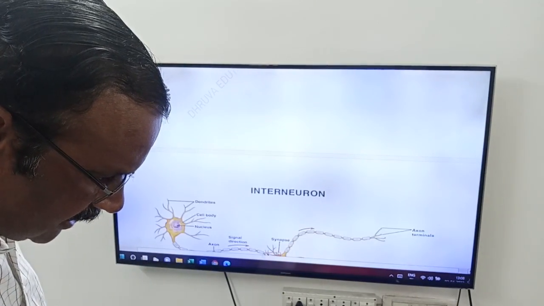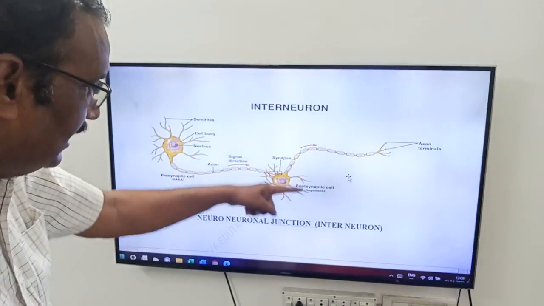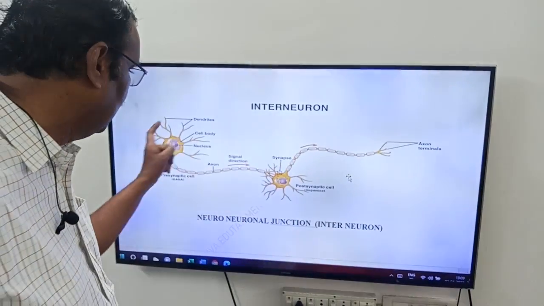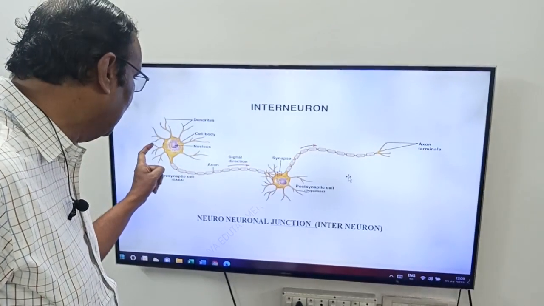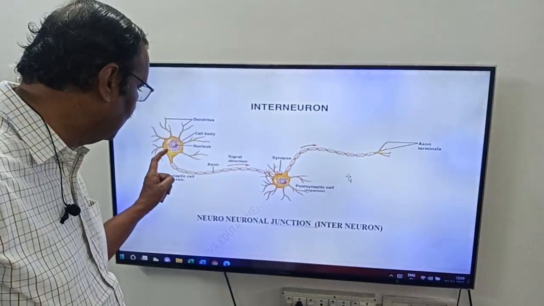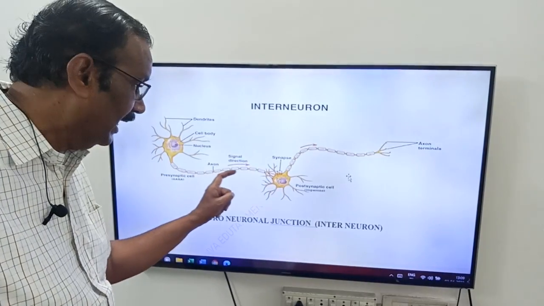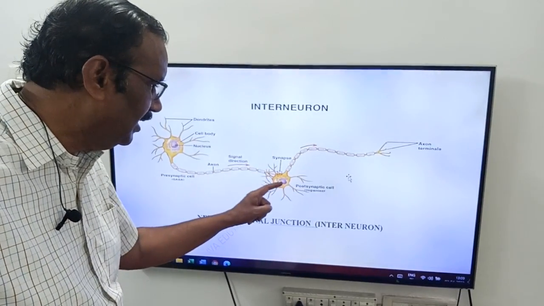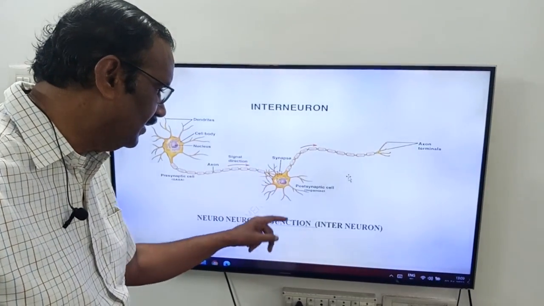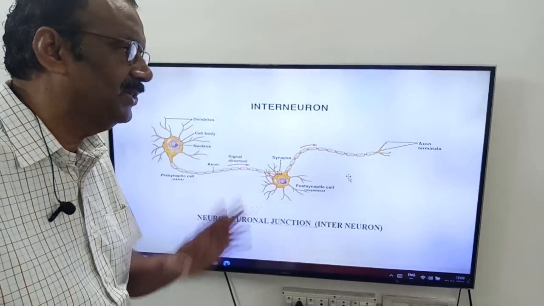See, friends, this is NNJ, Neuronal Junction, a junction between two neurons. This is one neuron. These are the dendrites, and they pass the nerve impulse to the cyton. Cyton gives it to the axon. Axon through telodendrites gives it to another nerve cell. So it is between two neurons. This is called what? Neuronal junction.